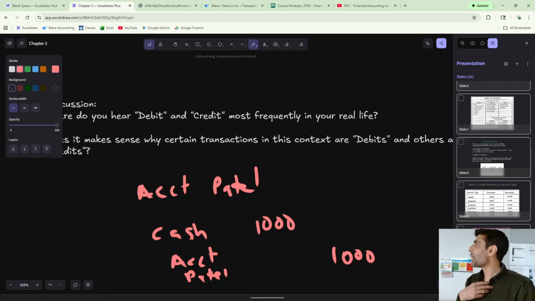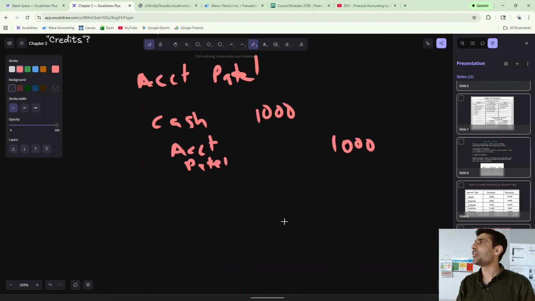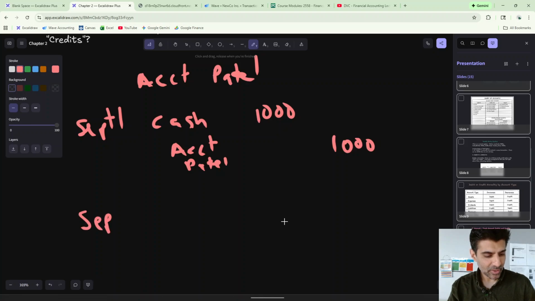Okay, so let's say I go to the ATM and pull out $50 on September 10. My balance is going to go down. They no longer owe me as much money.